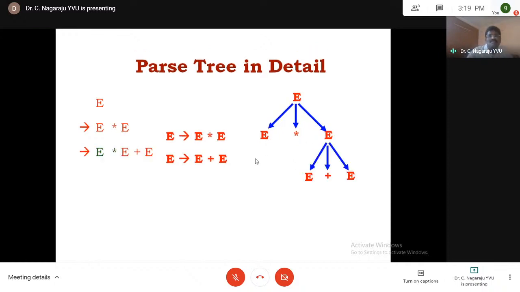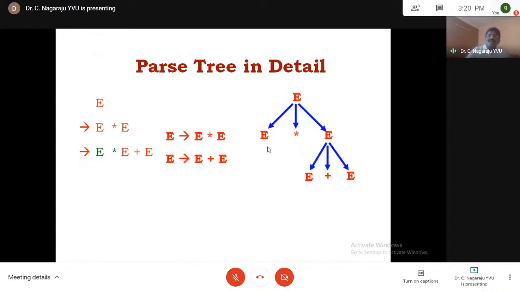This E can be replaced with the production E can have the form of E plus E. Why? Because our statement is ID star ID plus ID. That's why the star is there, and next this is replaced with E plus E. So the second production is replacing the E.